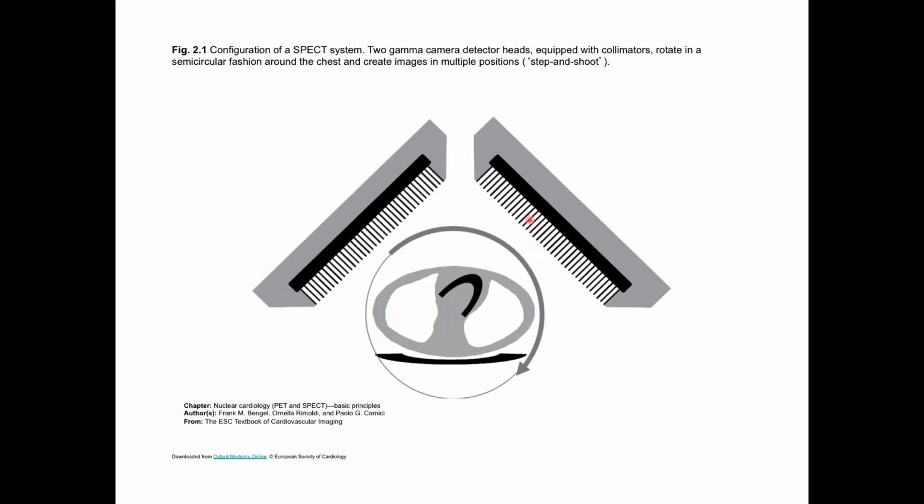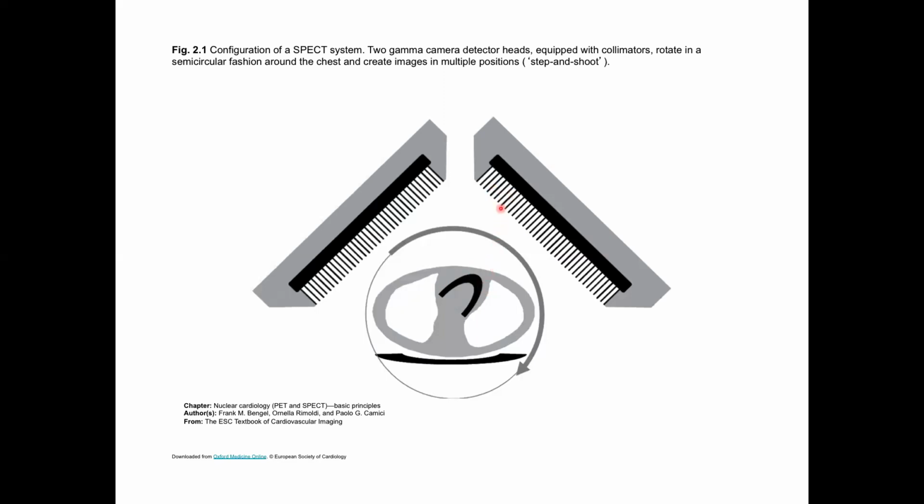In that way, if I get an activity here, I can look back and say, well, I know that came from somewhere along this line, right? So it narrows down the possible origin of that gamma ray, and that's how we're doing this spatial encoding. These septa are basically an anti-scatter grid, in which anything coming at an angle is blocked. So say I have a gamma ray that comes along this path.